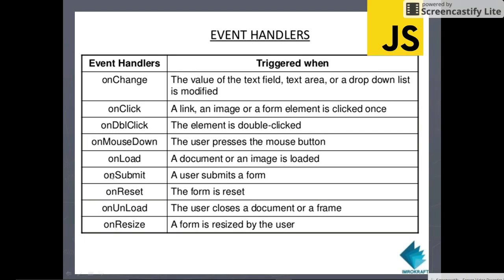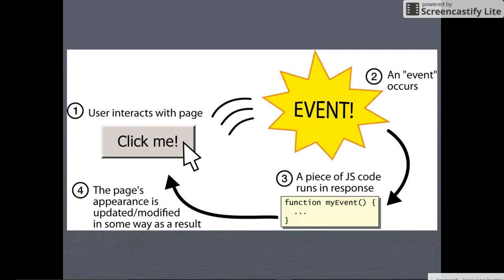So moving ahead, these are various kinds of events that could be generated, and this is the way you can represent them in JavaScript. These are predefined. So what is the way a language interacts with an event?